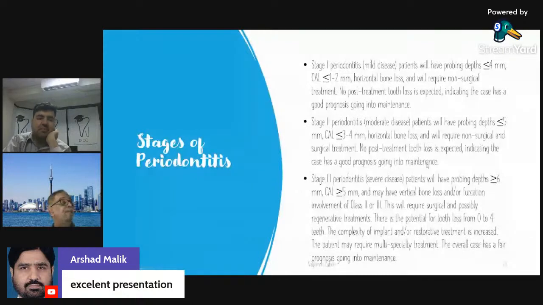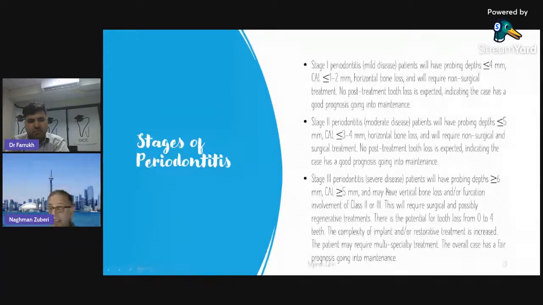Stage 3 periodontitis, the severe disease. Patients will have probing depths of 6 millimeter or more with a clinical attachment loss of 5 millimeter or more and may have vertical bone loss and or furcation involvement, which could be class 2 or class 3 furcation involvement.